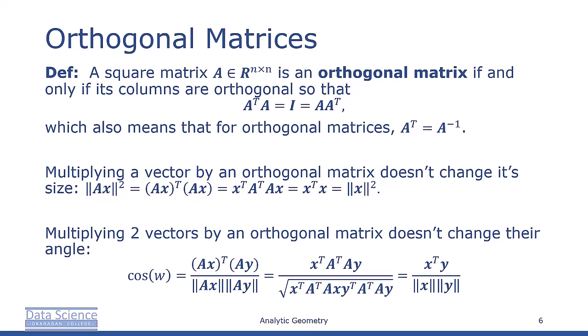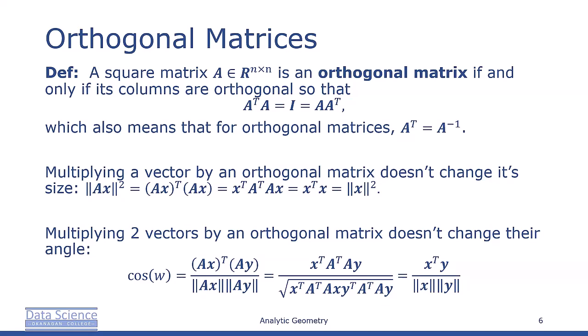Moreover, the angle between any two vectors x and y, as measured by their inner product, is also unchanged when transforming both of them using an orthogonal matrix. Here we see that cosine of w is going to be (Ax) transpose times Ay over the norm of Ax times the norm of Ay, which we know then is x transpose A transpose times A times y.